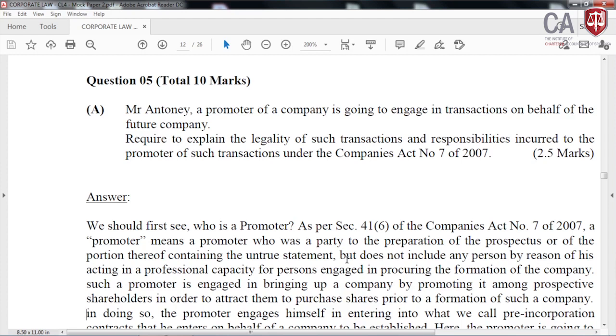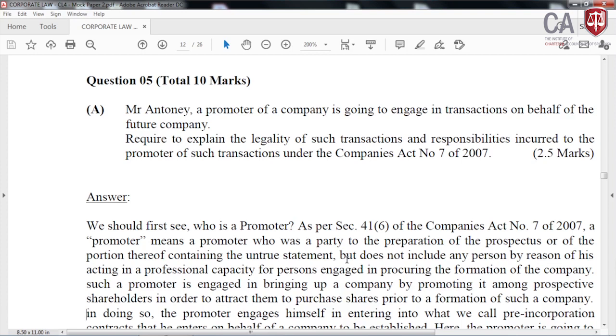Now, by now you know who is a promoter. A promoter is a person who promotes the incorporation of a company, or setting or creating a company prior to its registration or incorporation. And the promoter with a prospectus promotes the idea of setting up this company and canvasses for the investments that it needs for the company to set up.